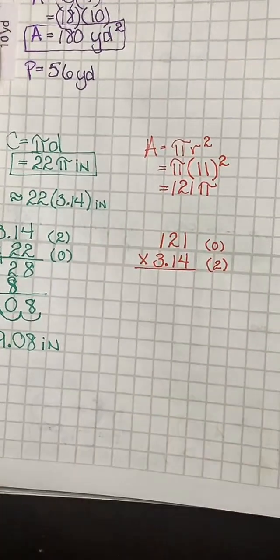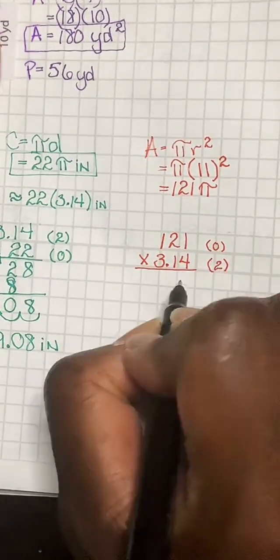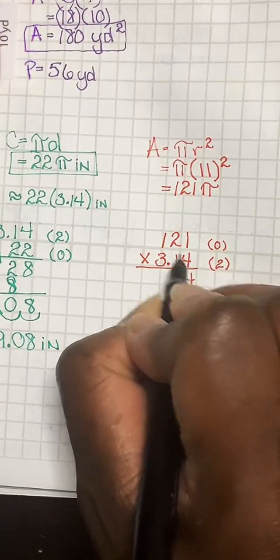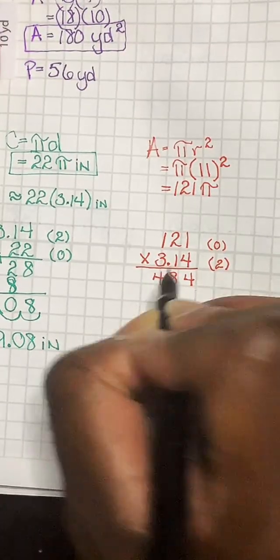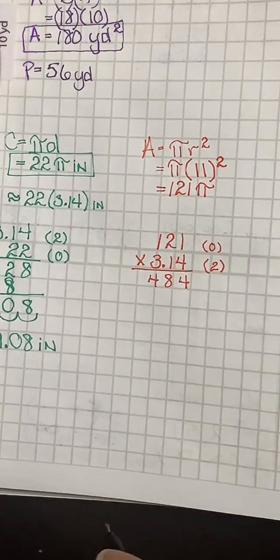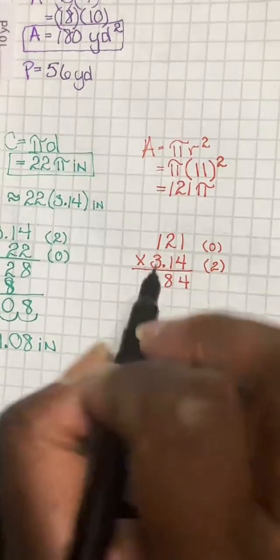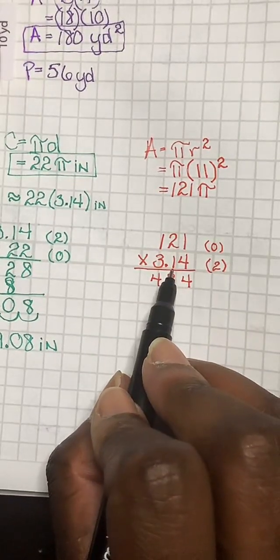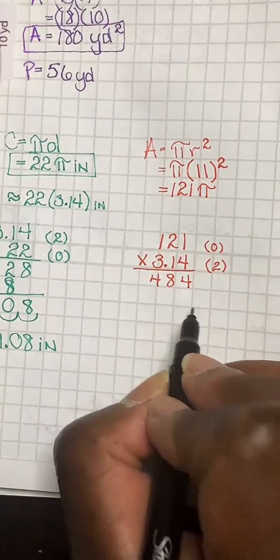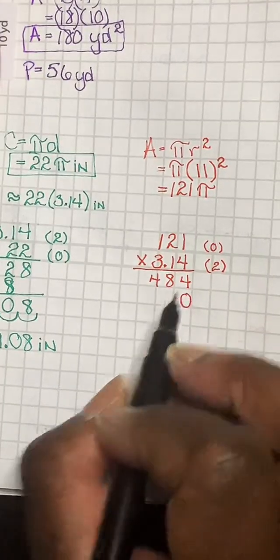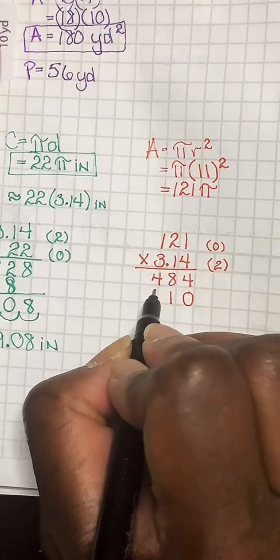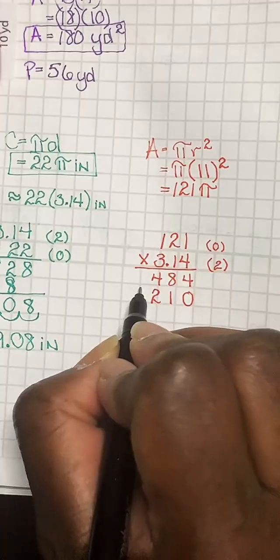So now we're going to multiply. 4 times 1 gives me 4. 4 times 2 gives me 8. 4 times 1 gives me 4. I'm basically multiplying this 4 to everything in that first unit. Now, I'm going to the ones. If you want to put a 0 here as a placeholder, you can do that. But then it's 1 times 1, that gives me 1. 1 times 2, that gives me 2. And 1 times 1 again, that gives me 1.